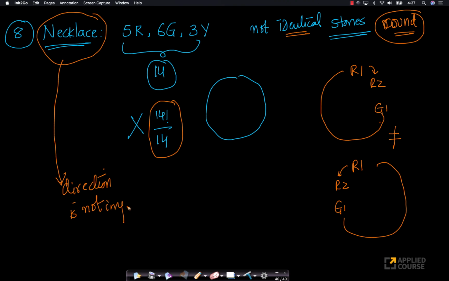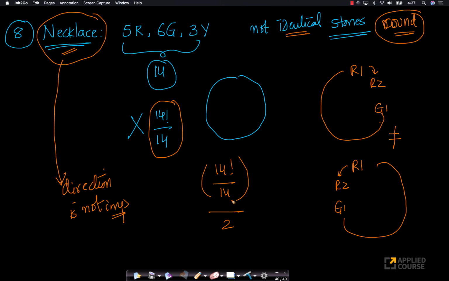But remember, direction was important when we constructed circular arrangements. So a necklace is a special type of circular arrangement. The number of ways you can construct it is not 14 factorial by 14. It is 14 factorial by 14, the whole divided by 2. Why 2? Because these are 2 distinct circular arrangements.